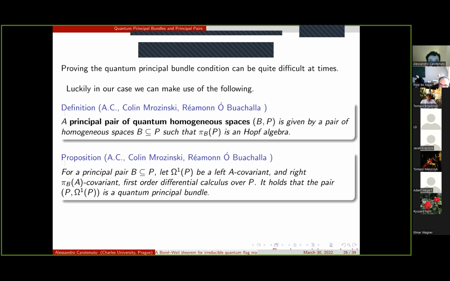I think this is pretty nice. We can verify that we realize a quantum principal bundle just by looking at some inclusions of quantum homogeneous spaces and at the covariance of the differential calculus.